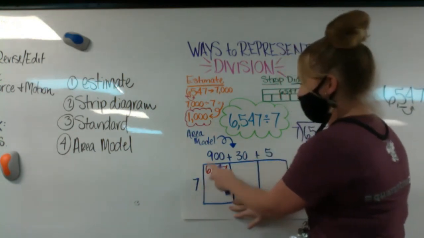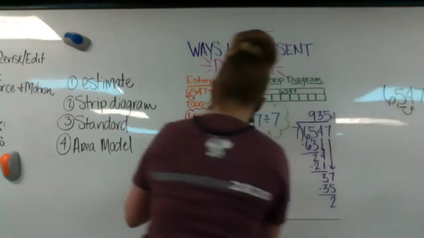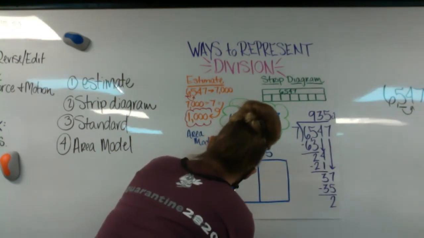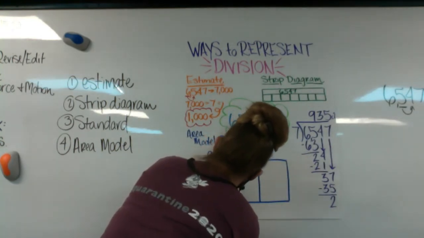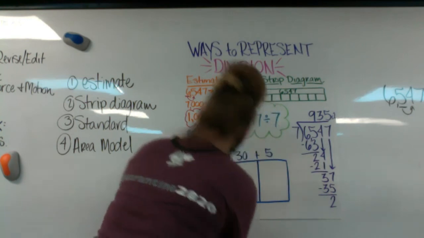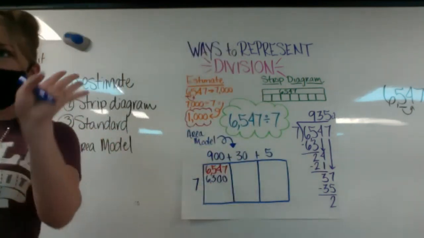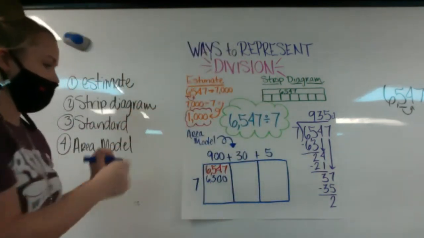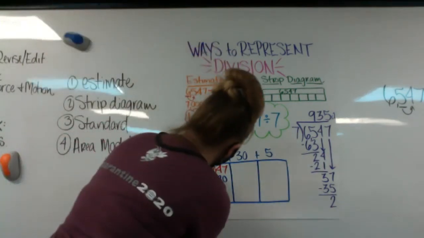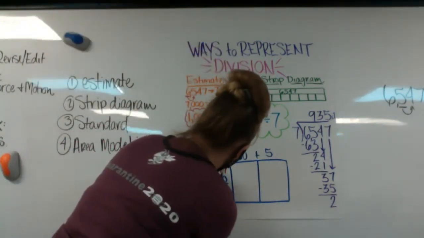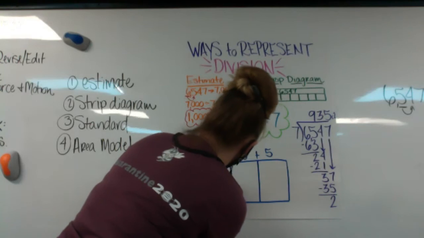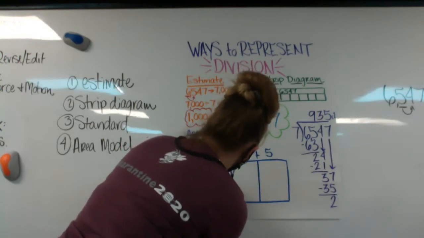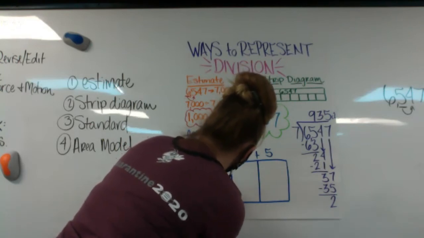What is 9 times 7? 63. So it's 63, and then how many zeros do I have there? 2. So I'm going to put on the 2 zeros. Just like with multiplication, how we would do the area model, doing the same thing. And then you just subtract it. So 7 minus 0 is 7. 4 minus 0 is 4. 5 minus 3 is 2.